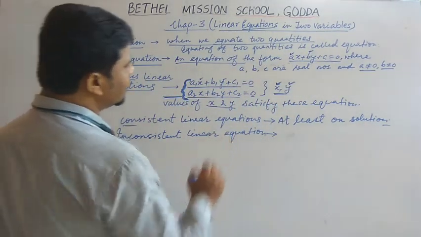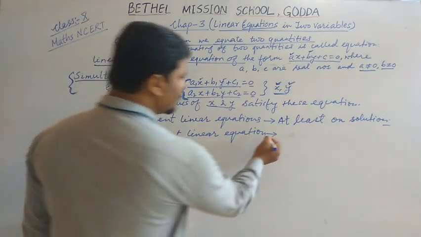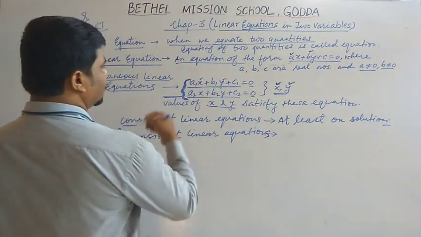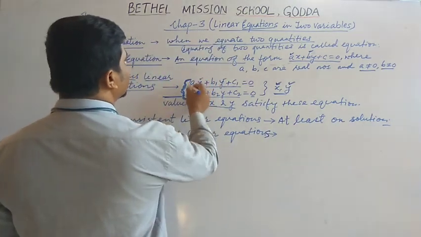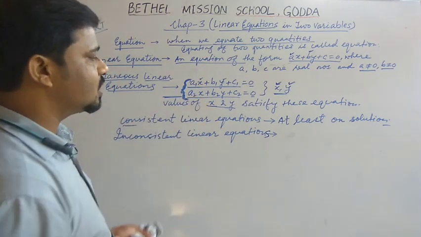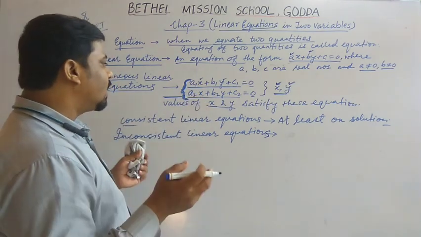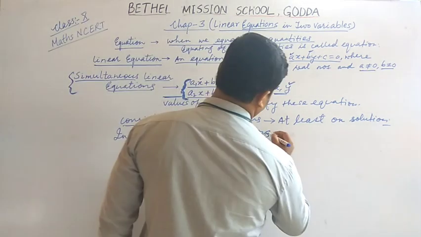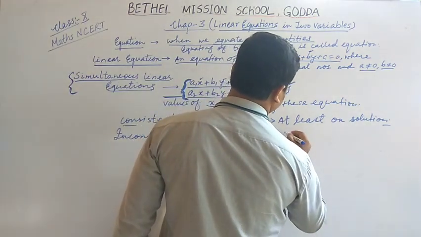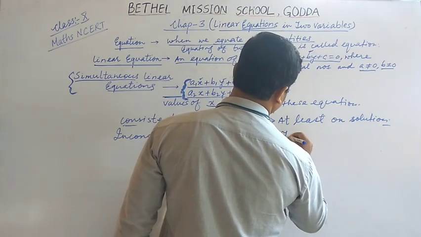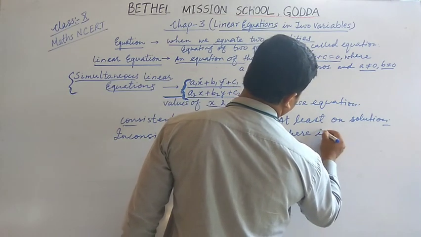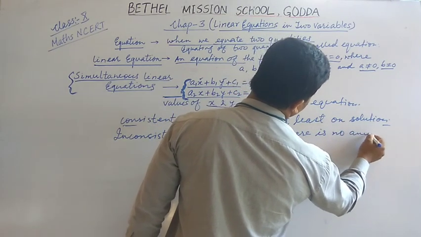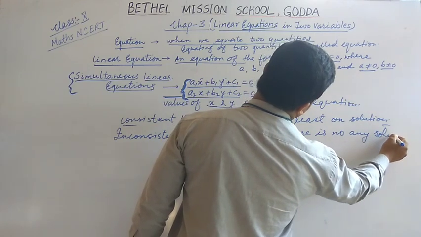And inconsistent linear equations means for the two simultaneous equations, there is no solution.